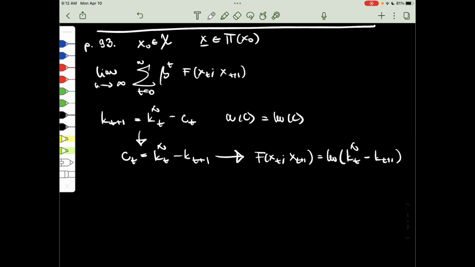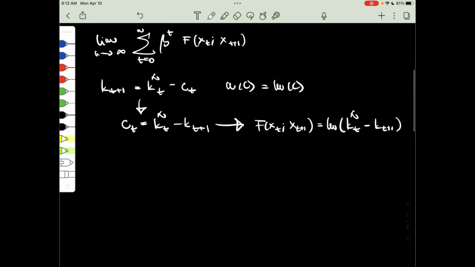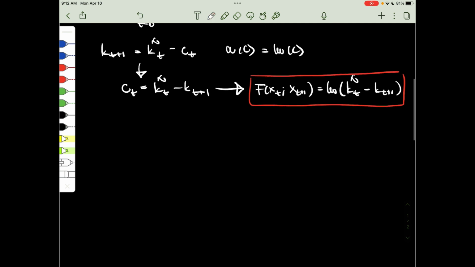So we have the explicit form of the one period return function. We're going to use it. We know that next period capital stock cannot be higher than this period's output, which means that it holds.